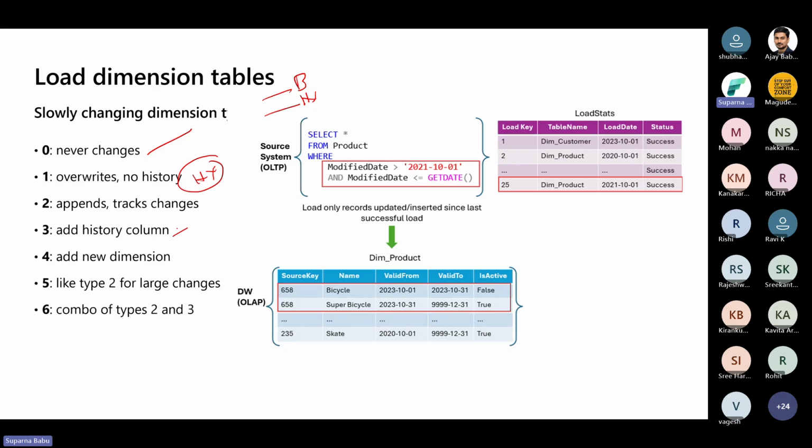Slowly changing dimension 4 will create a separate new dimension table. Type 5 and 6: type 5 is like type 2 for large or bulk changes, and 6 is a combination of type 2 and type 3. Basically in real time, usually everyone follows slowly changing dimension type 2.